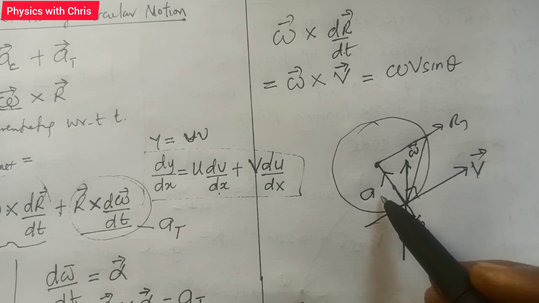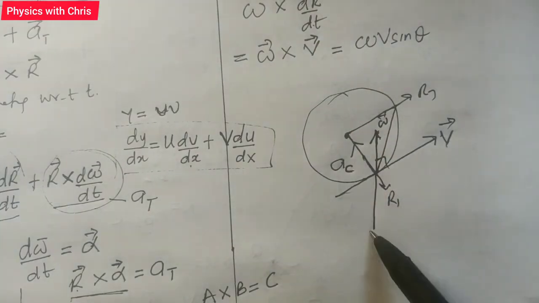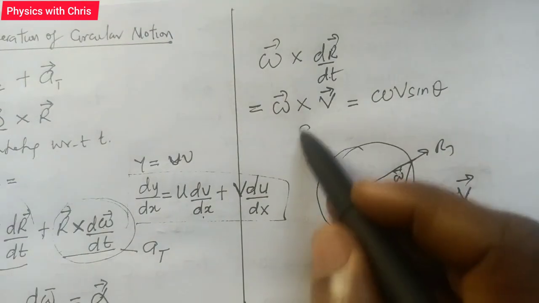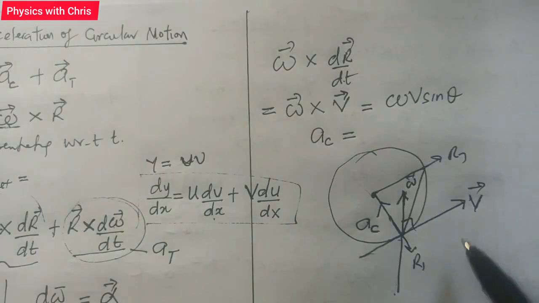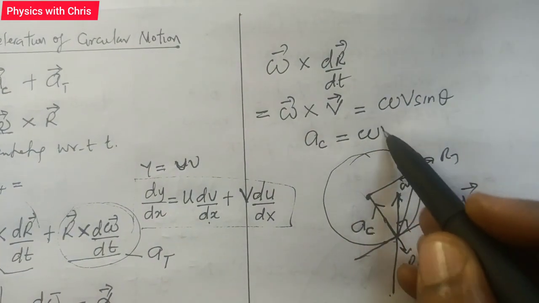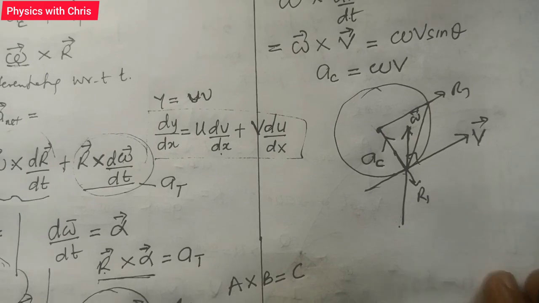That's what we call the radial acceleration or centripetal acceleration. So omega and v, the product is ac, my centripetal acceleration. Since the angle is 90, in terms of magnitude it is omega multiplied by v. So that is my centripetal acceleration.